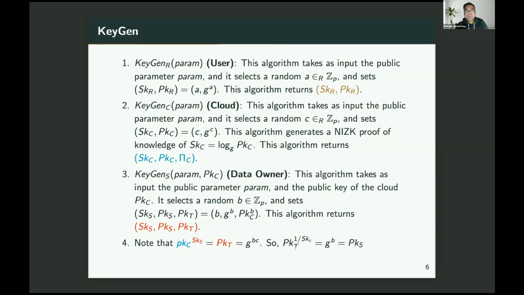So PKT raised to the power 1 by SKC is going to give you this G power B. This simple mathematical expression can be leveraged when it comes to the actual computation. We'll come to that.